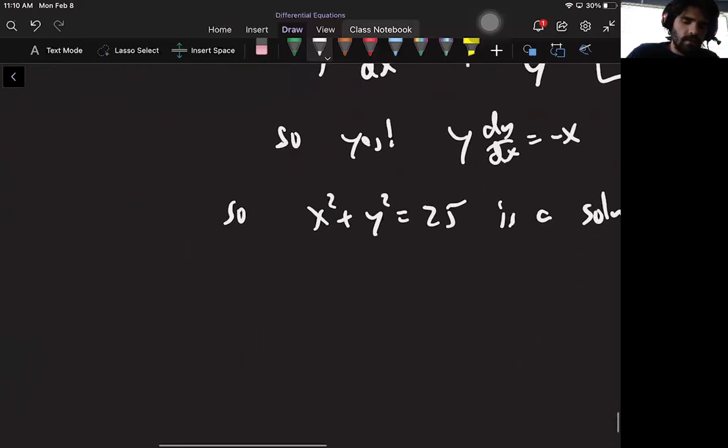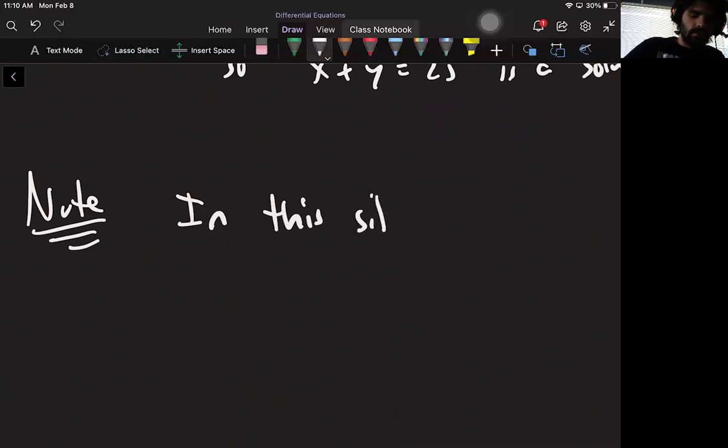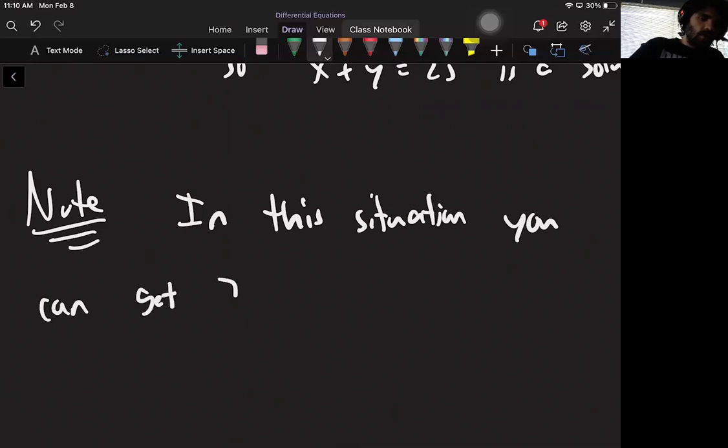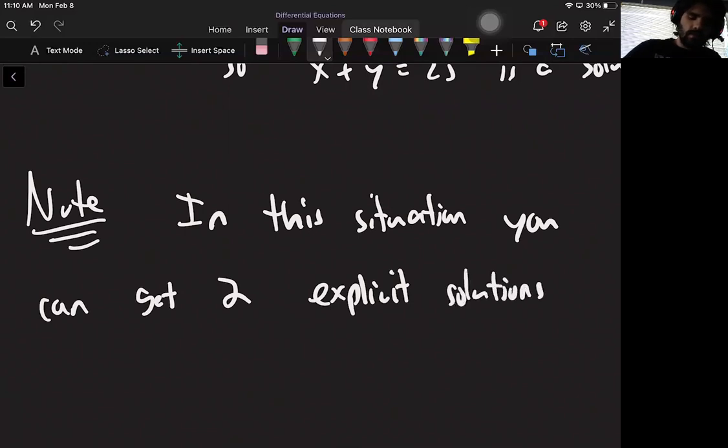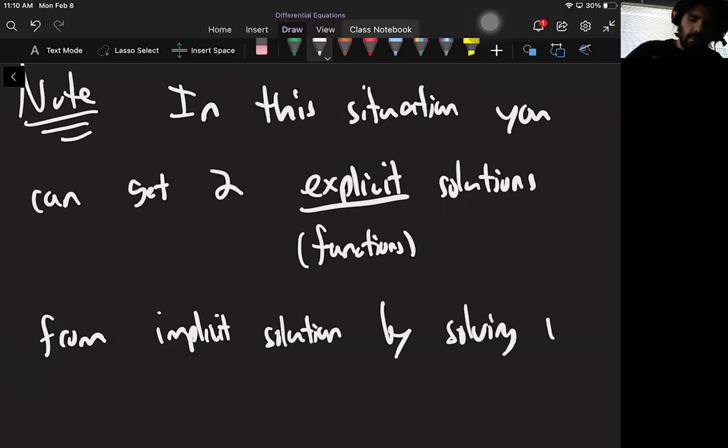So one interesting thing was with this implicit solution. This doesn't always happen, but in this situation, you can get two explicit solutions. So that just means functions as opposed to relations from the implicit solution, by solving for y in two ways.